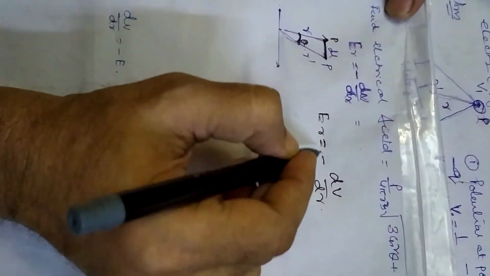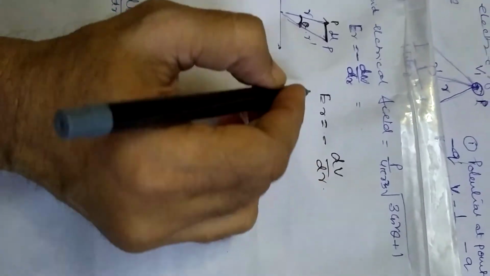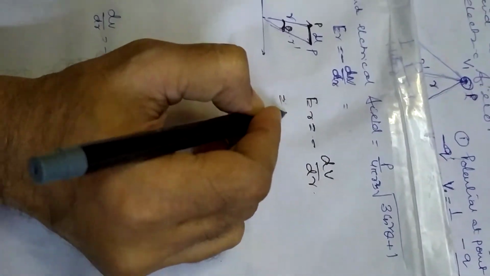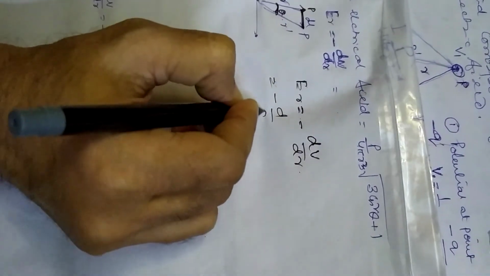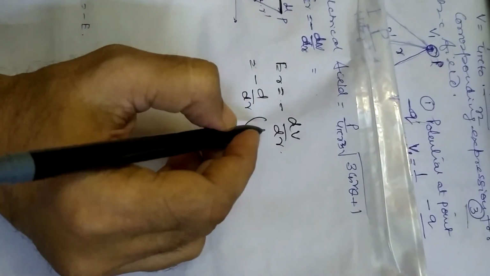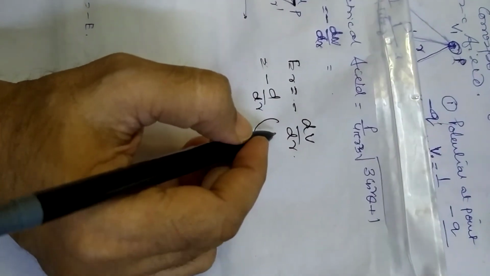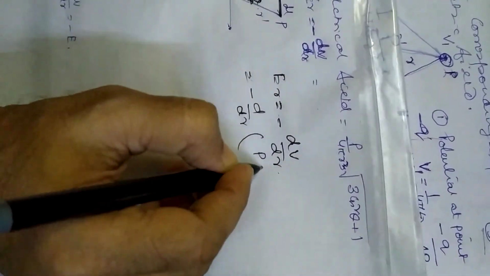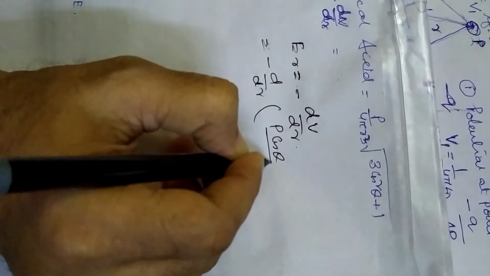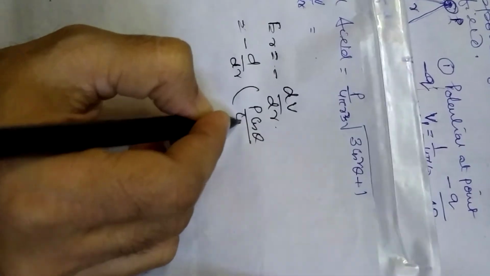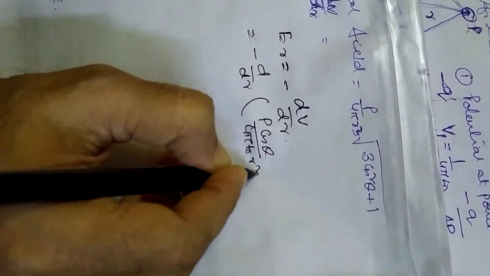So we get ER equal to minus dV by dr, and we take minus d by dr of the expression for the potential, that is P cos theta divided by 4 pi epsilon r square.